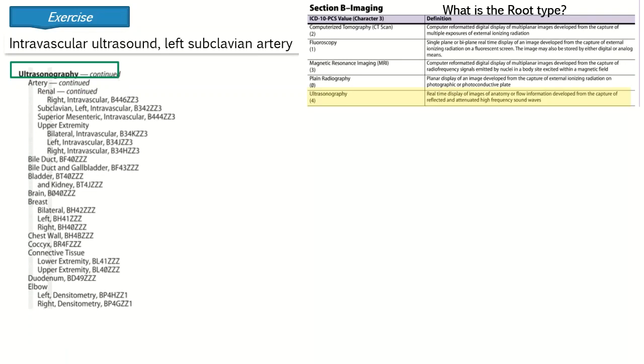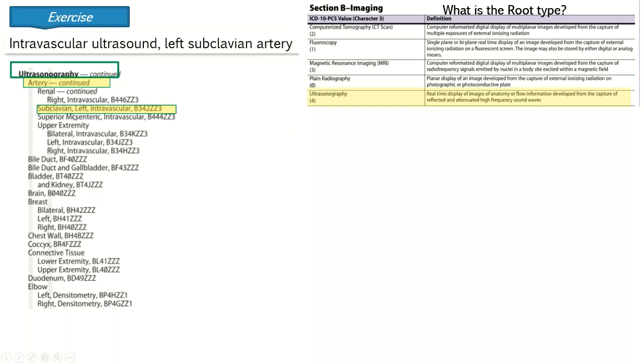What are we looking for? Subclavian artery? Yes, artery. And then go down further, subclavian, left, intravascular. You know what? It gave us the full code. B342ZZ3. And coders, again, you cannot code from the index, but you can code directly from the table.